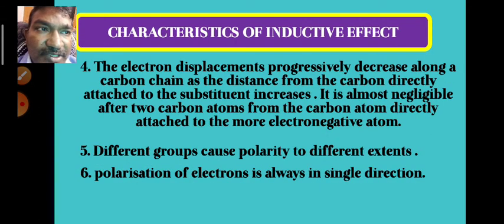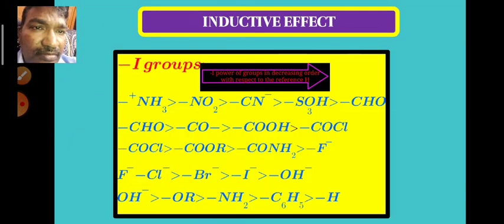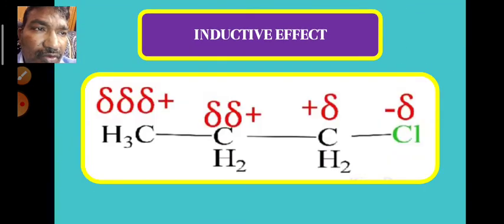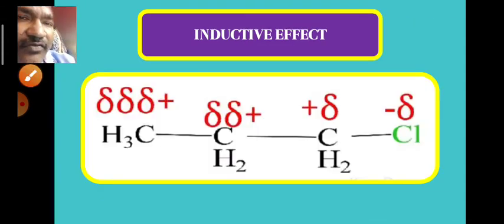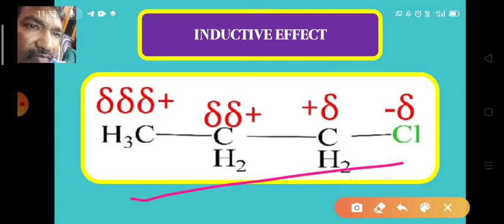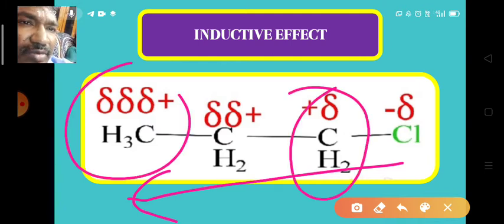The electron displacement progressively decreases along the carbon chain as the distance from the carbon directly attached to the substituent increases. Already we have observed this point in 1-chloropropane. Look here, gradually the charge is decreasing from the first terminal carbon to the last carbon. The charge is slowly decreasing.